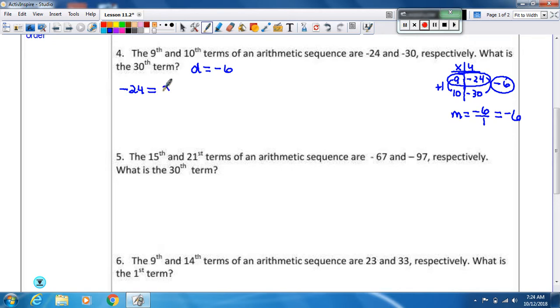Here's the thing, we don't know a_1, that's what we're finding. The common difference is negative 6. Now, the n, we do know. We're looking at the 9th term. So I'm going to put a 9 minus 1 here. I'm going to solve this algebraically for a_1 so that I know what the first value is. So negative 6 times 9 is a negative 54.